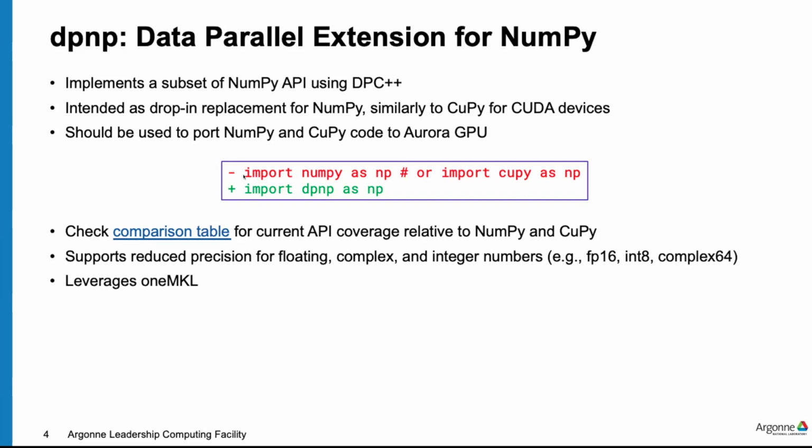So instead of writing import numpy as np, you could do import dpnp as np, or similarly with CuPy. But we do encourage users to check this comparison table, and there's a link here in the slides, to make sure that the NumPy or CuPy APIs that you're interested in are actually covered by DPNP.